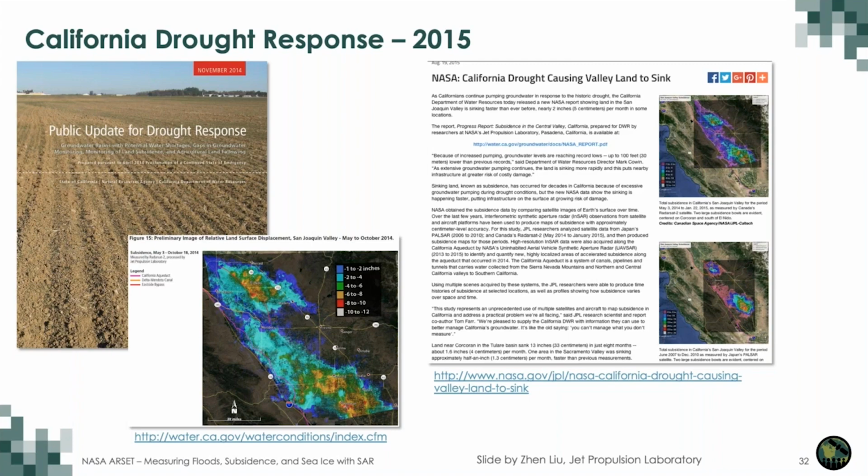And the California Department of Water Resources has been using SAR interferometry since about 2014 to monitor the effects of this groundwater extraction in the Central Valley and other parts of the state.